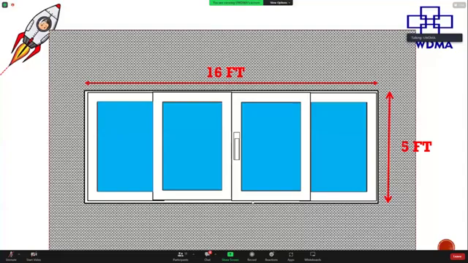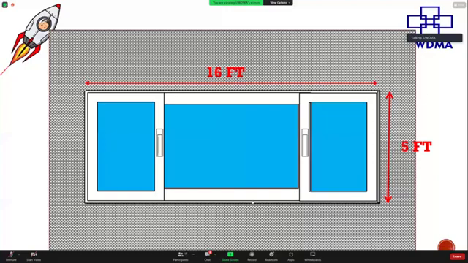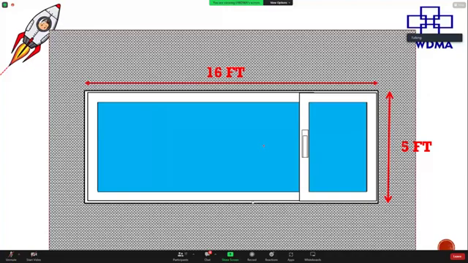We can have a 4-panel slider, or a slider where we have a big fixed panel at the center and two small sliding panels at both sides. Or next option, we can give one fixed panel and a small panel.